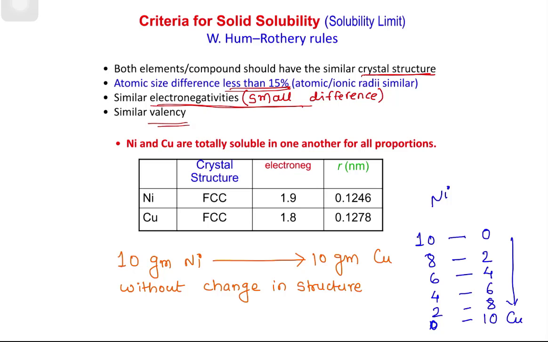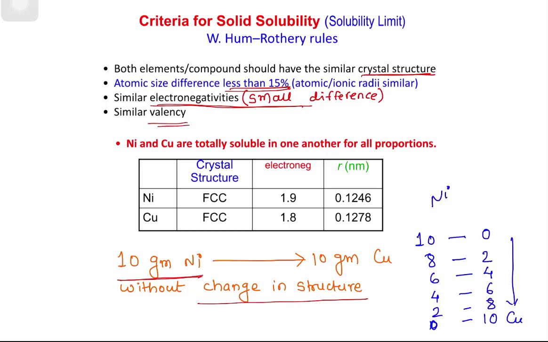What do I mean by 100% solubility? For that we will take an example of nickel. If we take 10 gram nickel and add copper into that, we reduce the concentration of nickel and increase the concentration of copper. If there is no change in the structure, it means that a solid solution forms.